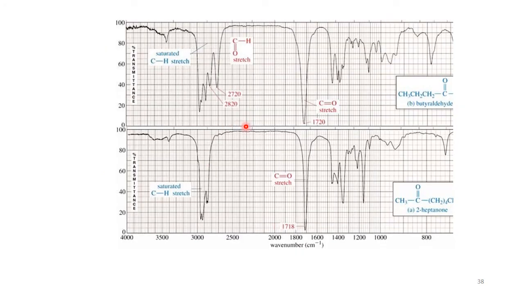Here I mentioned these two slides, butyraldehyde and 2-heptanone. Here we can see the differences: the stretching of CH here and the stretching of CH here, and the carbonyl group stretching here and here.